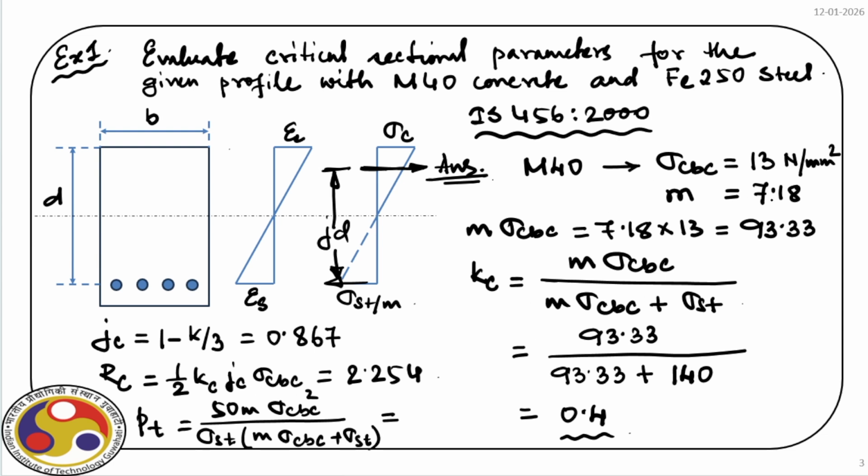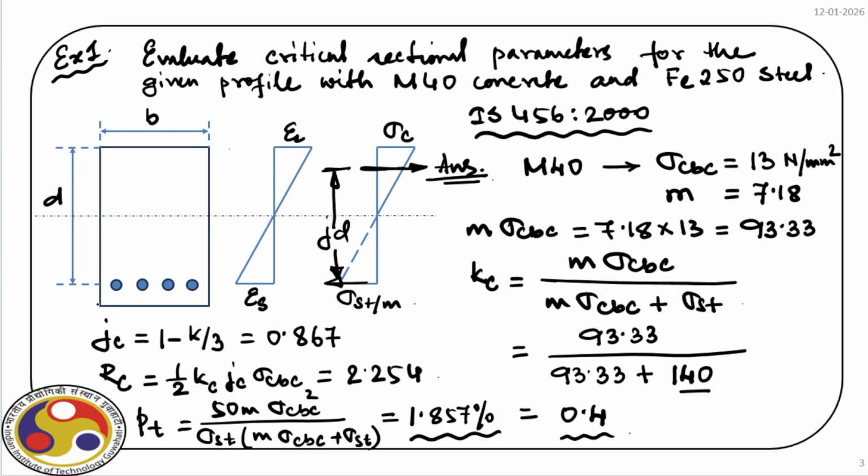It is 7.18, sigma CBC is 13, and sigma ST is 140, right? So if you put those values, what ultimately we get is 1.857%. So we get the critical percentage steel, actually percentage steel for critical section.